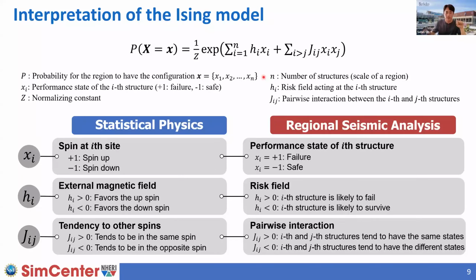Because you can input any configuration in this equation, you have a complete description of the target region in terms of probability. That is the basic concept of the fragility field. I know it's a bit confusing.